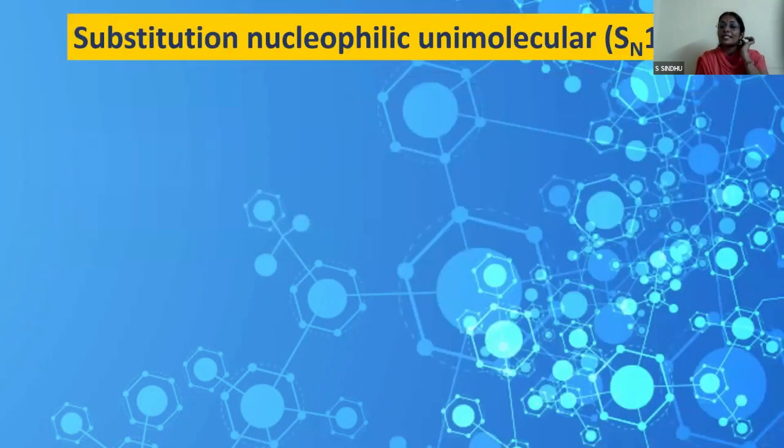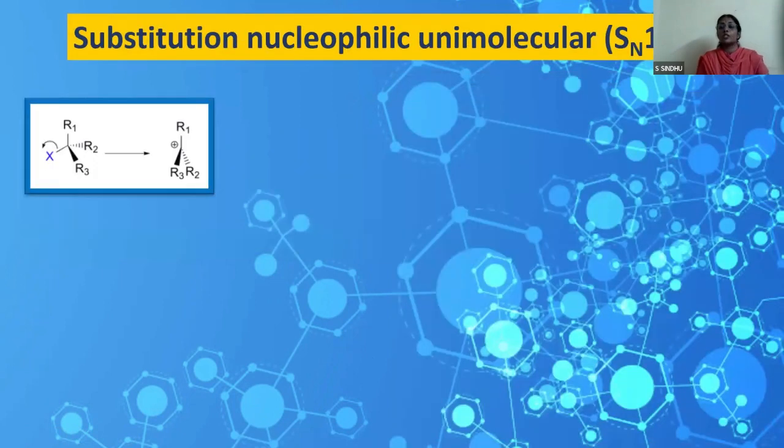And when it comes to SN1, substitution nucleophilic unimolecular, what is the difference? The remaining comparisons I'll come back to. We are just understanding once again what it is. So here it is unimolecular, so from the name what aspects come in?